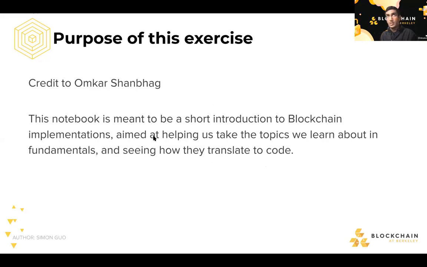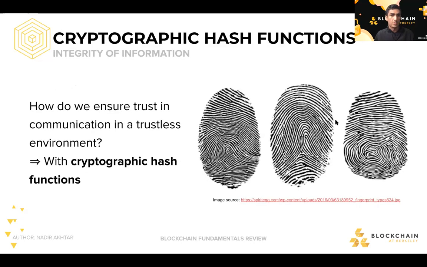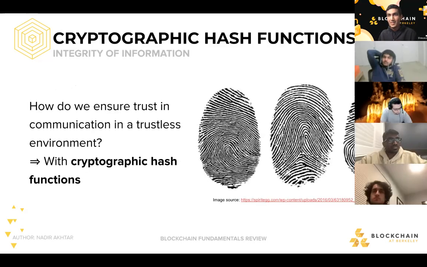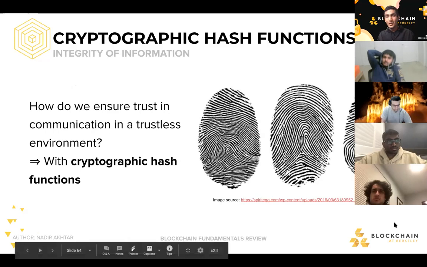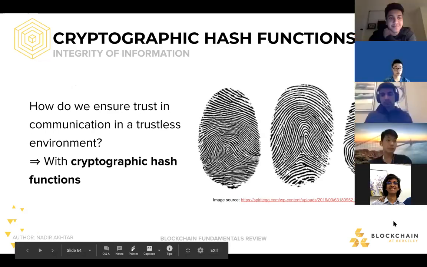You're going to go through a Python notebook, and we talked about a lot of stuff today, but you'll get to see exactly how a blockchain is made. This is going to be your fundamentals crash course. So what we'll do now is go through a fundamentals crash course so you can do your homework. Let's get into it.